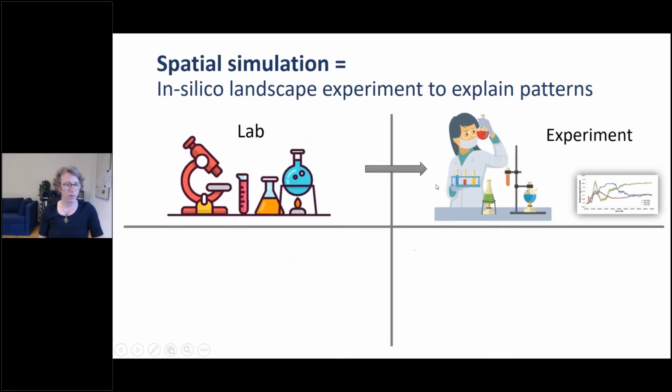Right, so let me jump into what spatial simulation actually is. And with this talk, I would like to share a little bit of my passion about spatial simulation, and this is also the reason why I authored this module, and I would like to pass that on to whoever wants to sign up for that module, to see what can be done and why it is so interesting working with spatial simulation models.